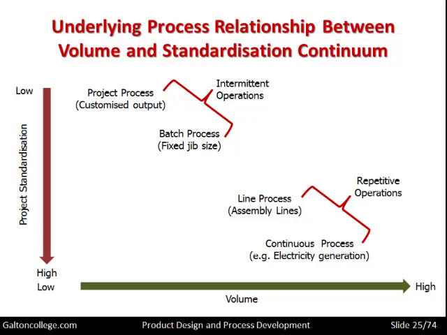So there's high volume for these and very high degrees of standardization. All the items are essentially the same. So for electricity, all units of electricity are the same. So that's a way of looking at the difference between intermittent and repetitive operations, and looking at this relationship between standardization and volume.